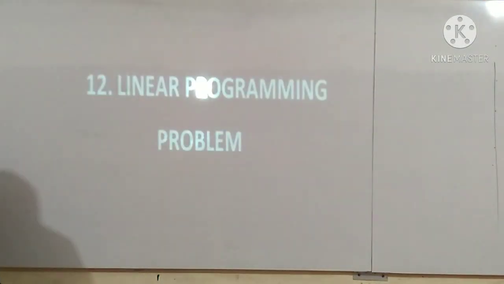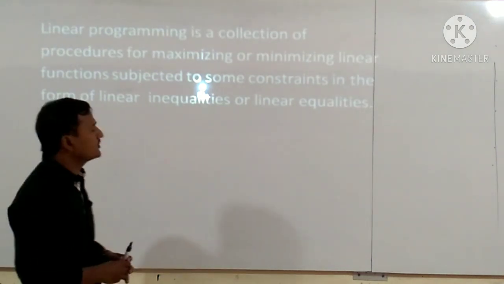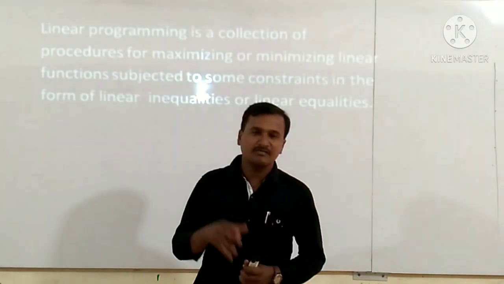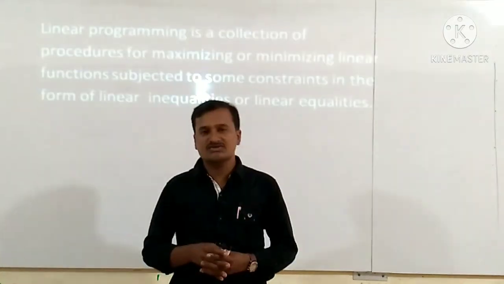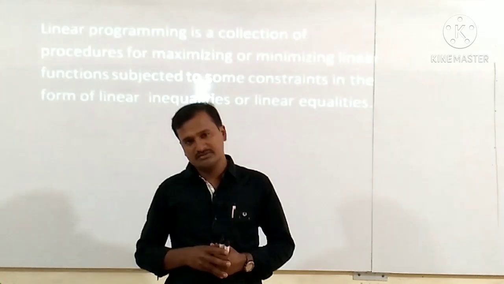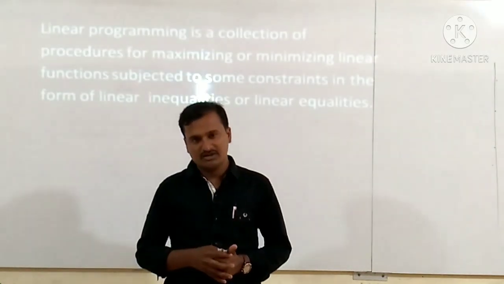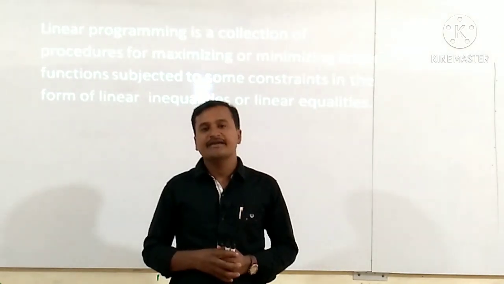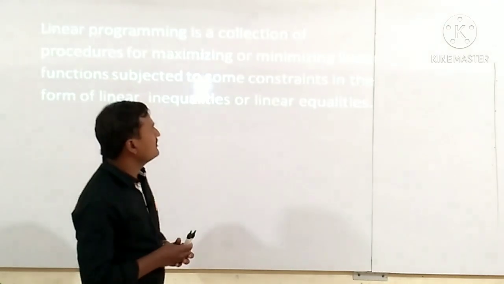So this is the definition of the linear programming problem. A linear programming problem is a collection of procedures to maximize or minimize the objective function subjected to some constraints. That is called a linear programming problem.